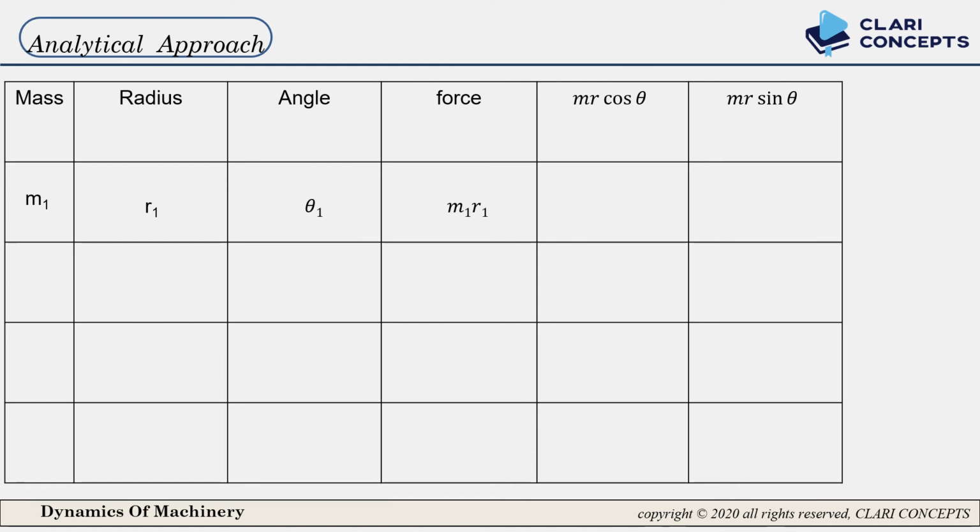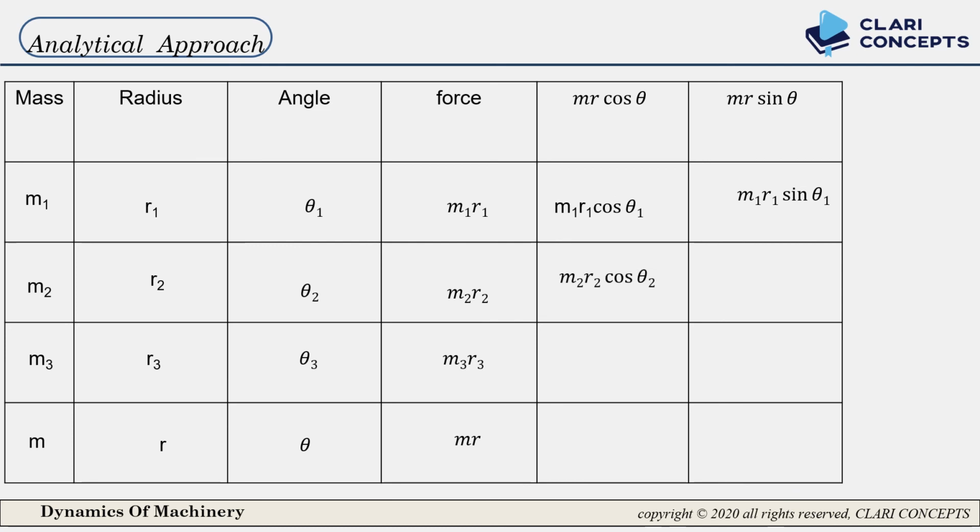But this force is produced at angle theta 1, therefore it has two components, m1 r1 cos theta 1 and m1 r1 sin theta 1. The same concept we can use for all the masses, meaning the 3 masses in the system and the 1 extra mass you have added to balance the system. The unknowns m, r and theta we have to find by using analytical conditions.